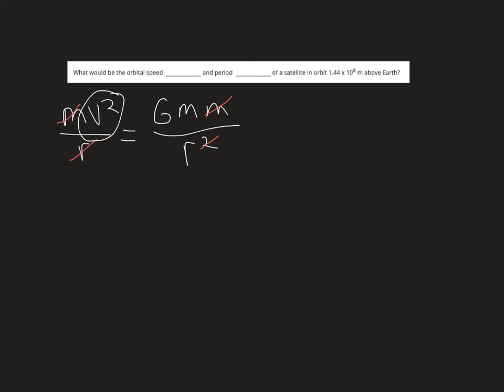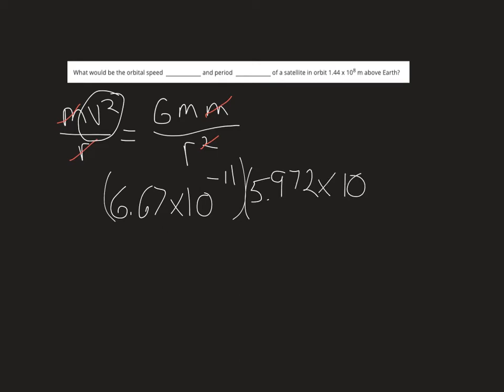So the gravitational constant, 6.67 times 10 to the negative 11, times the mass of the Earth, 5.972 times 10 to the 24th kilograms, divided by, now this is a little bit tricky because this satellite is 1.44 times 10 to the 8th meters above the Earth. Remember, this R is from the axis of rotation to the object.